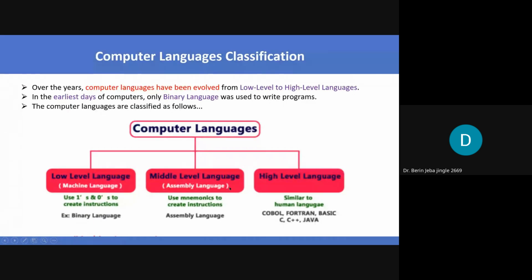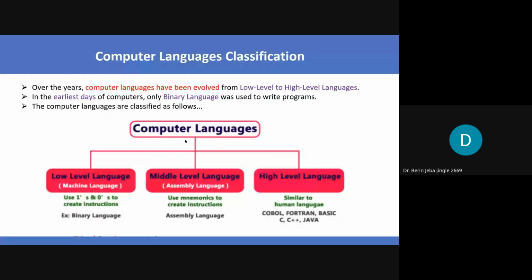Middle level language means assembly language, which uses mnemonics. I will also explain that in the slide. What is assembly language? We use some mnemonics. That means if you want to add two numbers, we use the mnemonic add a comma b.